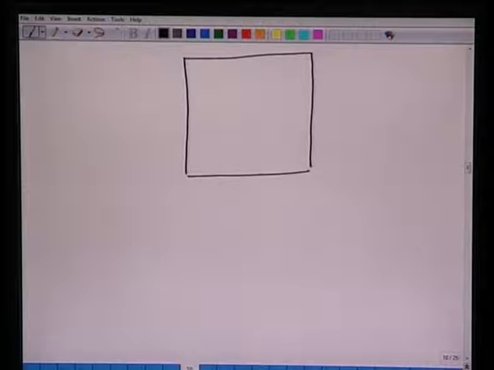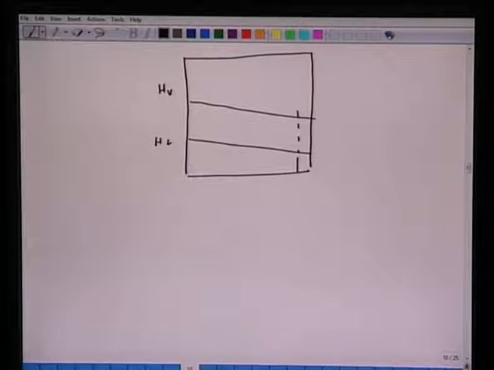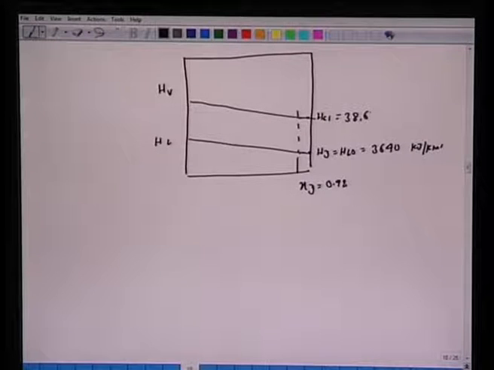So we have this HXY diagram, HV, we have HL, and we have this XT 0.92. We know this HL, HT or HL0, which is 3640 kilojoule per kilomole, and we have this HG1, the enthalpy of the vapor leaving the top plate, as 38,610.